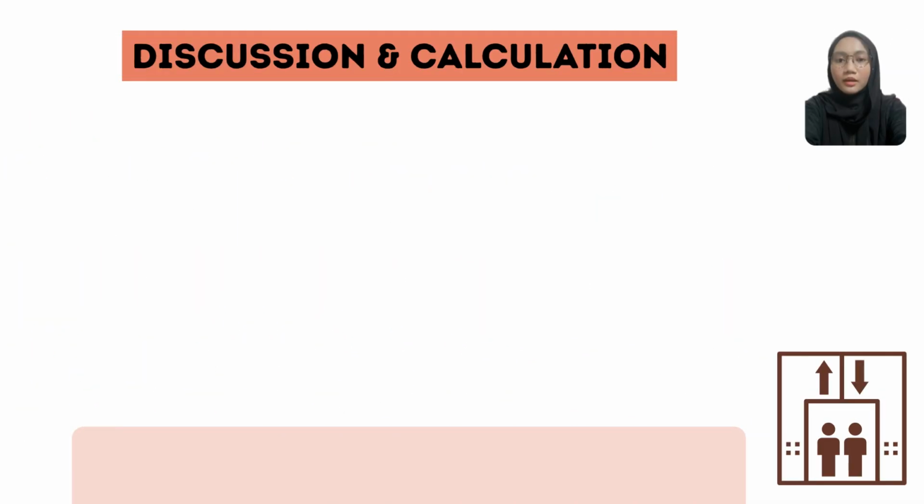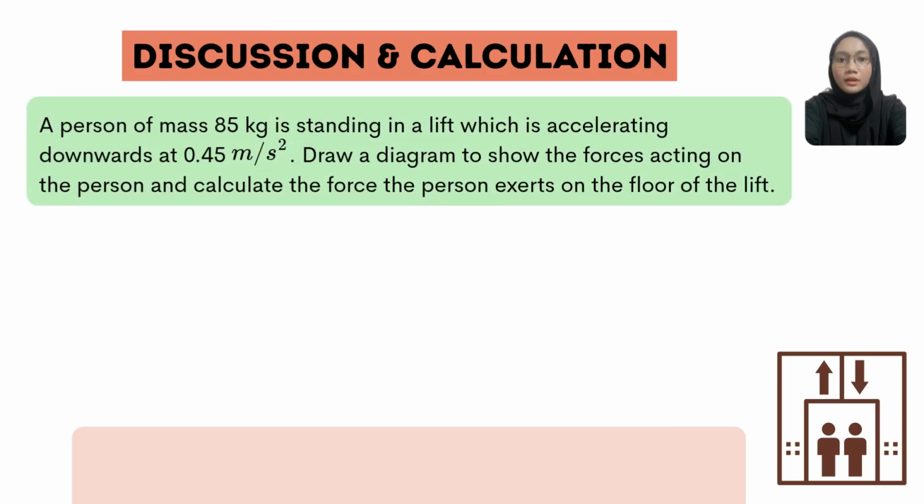For the discussion and calculation part, I chose this example because it clearly demonstrates the application of Newton's third law. The question states that a person with a mass of 85 kilograms is standing in a lift that is accelerating downward at 0.45 m/s². We are required to calculate the force exerted by the person on the floor of the lift.